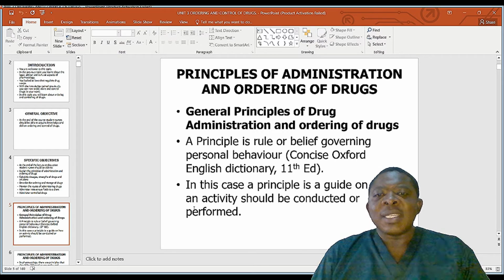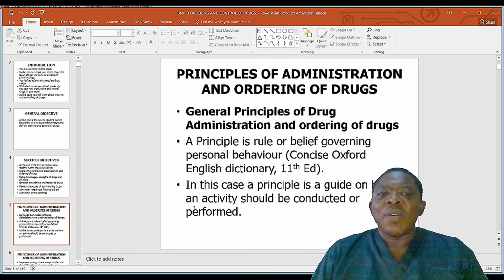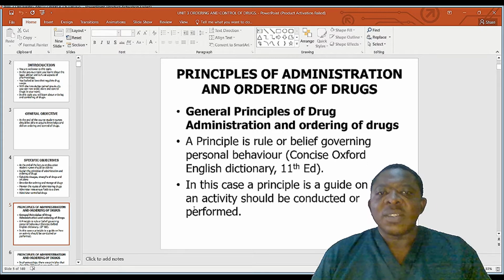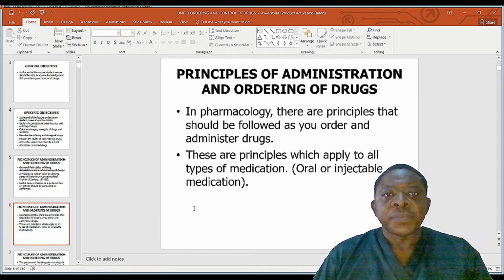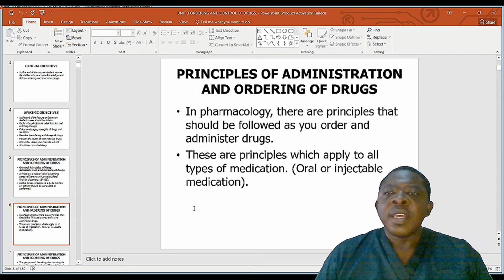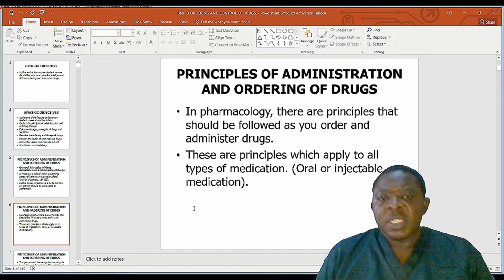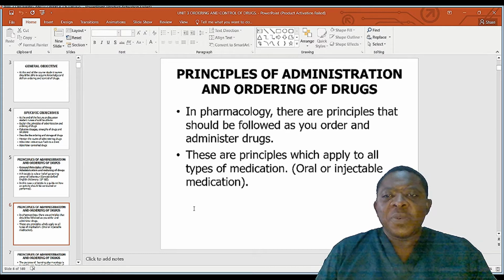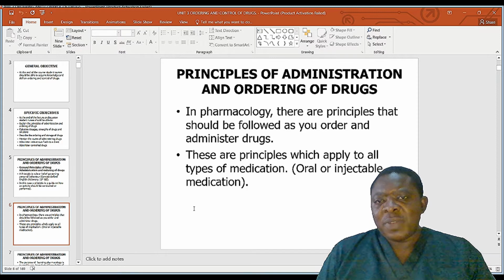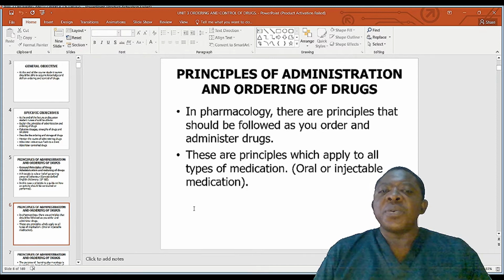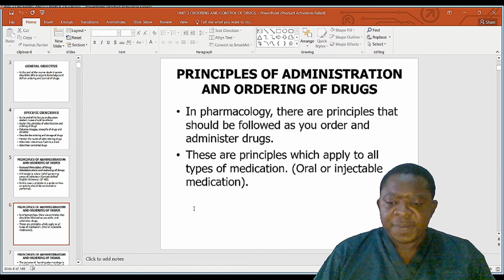So when you're looking at principles of administration and ordering of drugs, we are looking at a guide on how an activity should be conducted or performed in relation to administration and ordering of drugs. So in pharmacology, there are principles that should be followed as you order and administer drugs. These are principles which apply to all types of medication, be it oral or injectable medication.